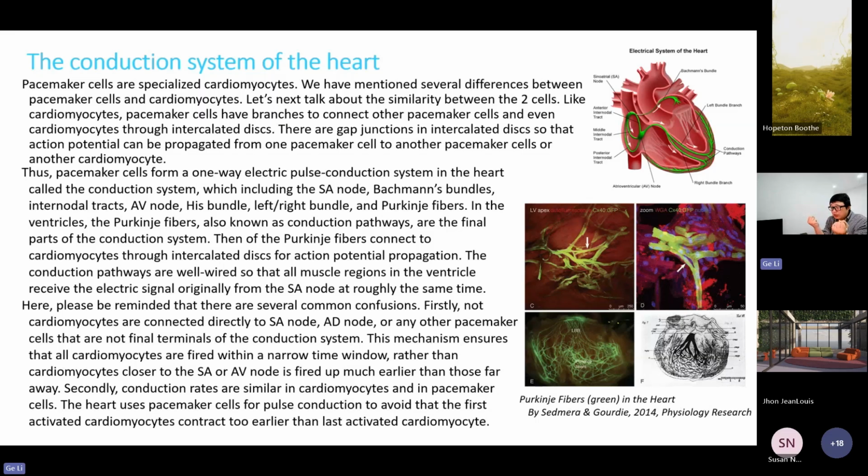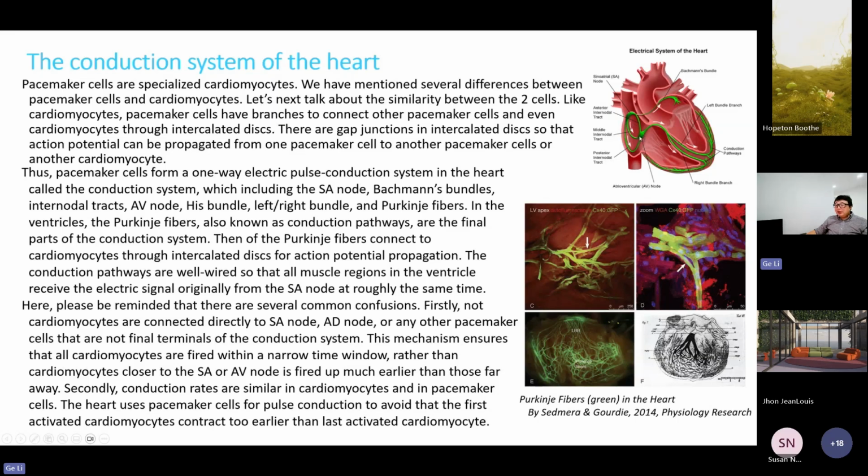That's the cardiac cycle we talked about in the very first topic. The two atria contract together, and at the same time the SA node also sends a signal to the AV node, which takes about 0.1 second.